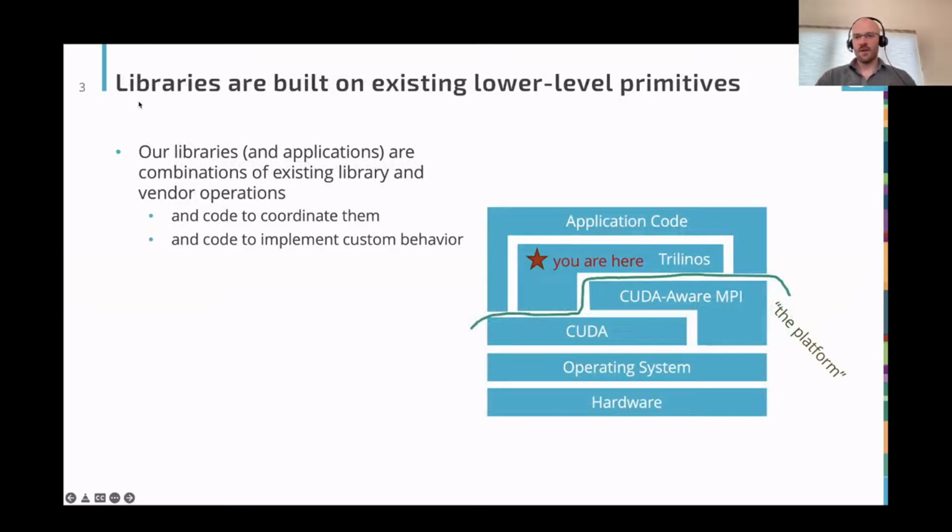Our view of the world is that libraries are built on existing low-level primitives. Those primitives may be provided by a system vendor or another library. If we think of ourselves as working on Trilinos, maybe there are some other Trilinos operations that we're going to rely on, or maybe some CUDA+MPI or CUDA level primitives, and our goal is to coordinate them along with whatever custom code we have to support our library behavior.